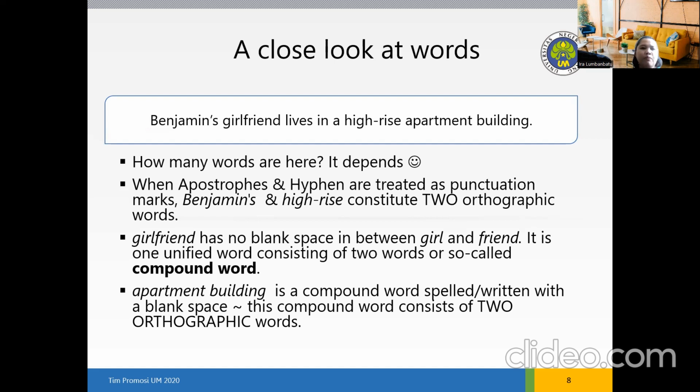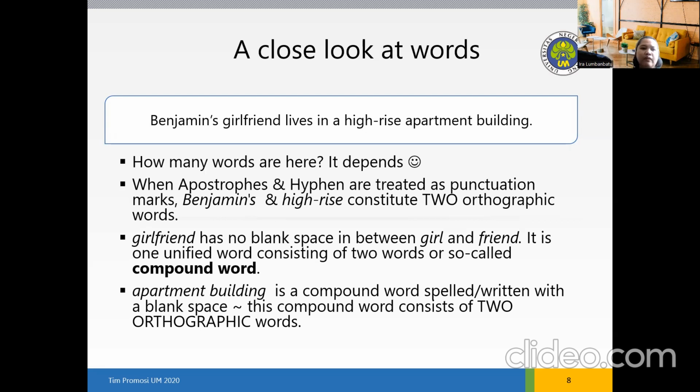When apostrophes and hyphens are treated as punctuation marks, Benjamin's and high-rise constitute two orthographic words. So Benjamin's will be considered as one word, and high-rise will also be considered as one orthographic word.